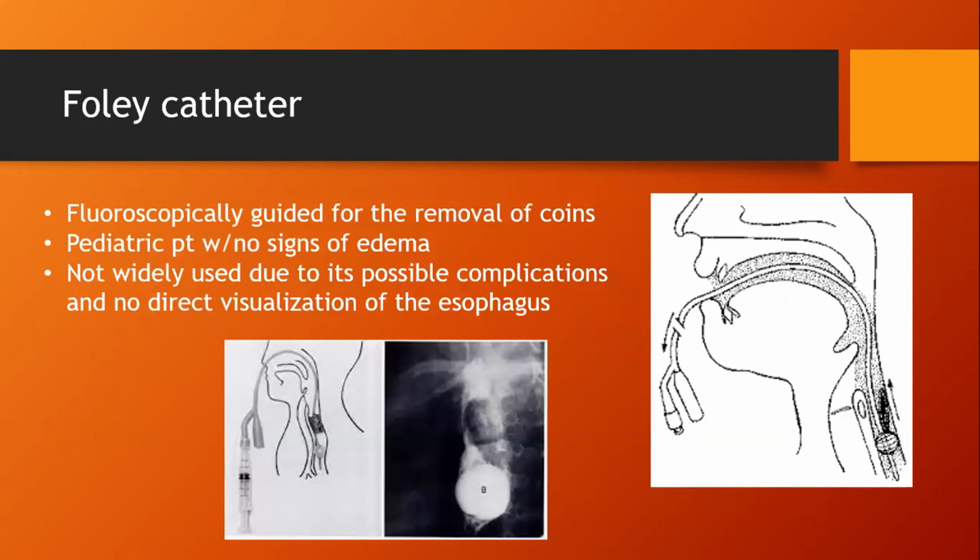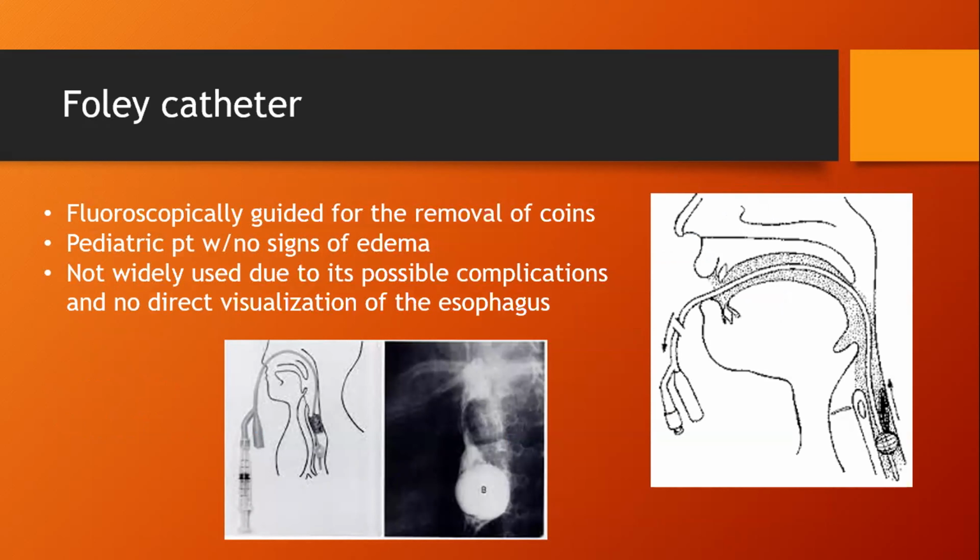And then I found this in an article, which I thought was interesting. So Foley catheter, fluoroscopically guided for the removal of coins. So it's used for pediatric patients with no signs of edema. It's not used widely due to the possibility of complications, and there's not a direct visualization of the esophagus.